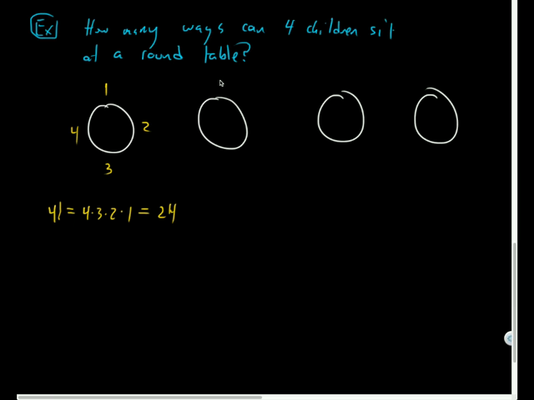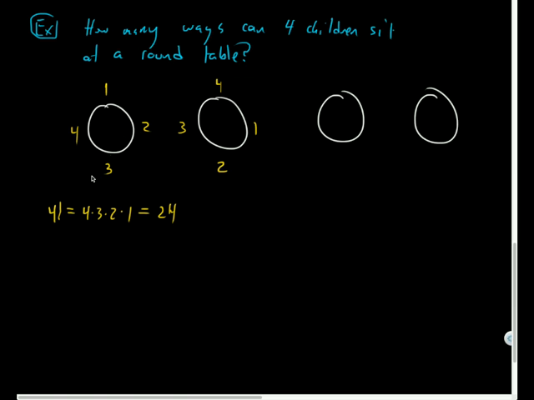For instance, what if I put the 4 here, the 1 here, the 2 here, and the 3 here? Now, in a linear representation, I'm starting with a different number, right? 4, 1, 2, 3 is different than 3, 4, 1, 2. However, in terms of this circular representation, these are the same arrangements, right? 2 is still sitting next to 3 and 1.